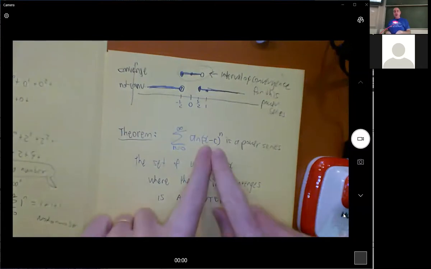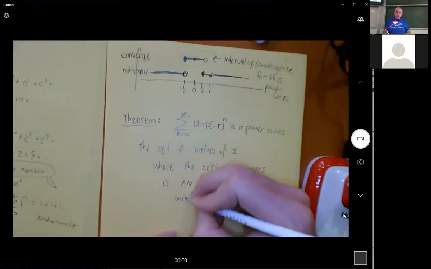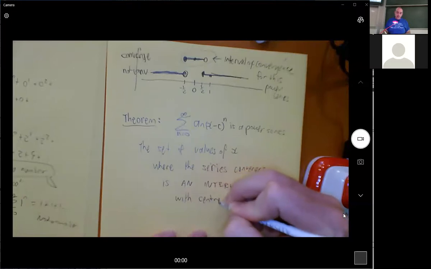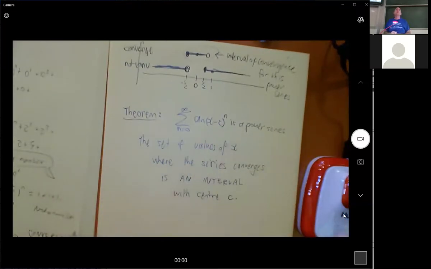If your power series looks like this, where it's x minus c to the power of n, the set of values of x where that series converges is an interval with center, whatever that number c is. That's the theorem. I don't know if it's in the notes, but it is definitely the truth.